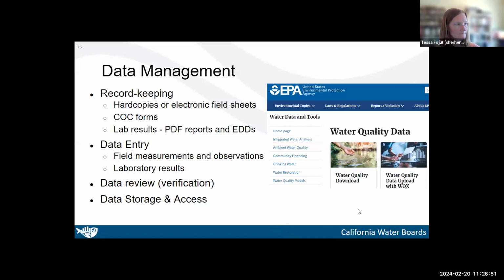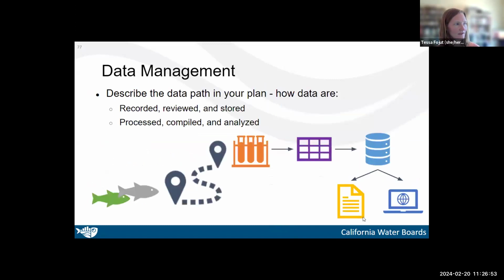And then let's see. I'm just giving a little example of how you might want to describe in your plan your whole data path. So, how data are recorded, reviewed, and stored, and then processed, compiled, and analyzed. You start with collecting fish or whatever it is you're collecting in the field, and then eventually those samples get to a lab and get analyzed.